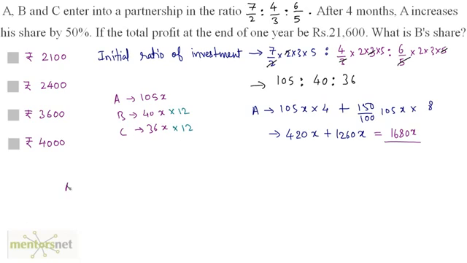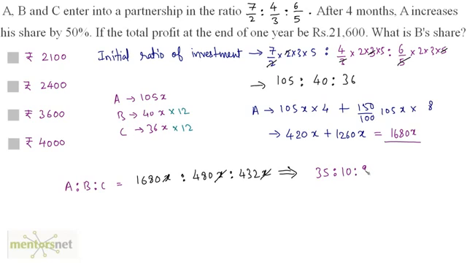So A is to B is to C is equal to A's share 1680x is to B's share, 12 times 40 is 480x, is to 12 times 36 is 432x.